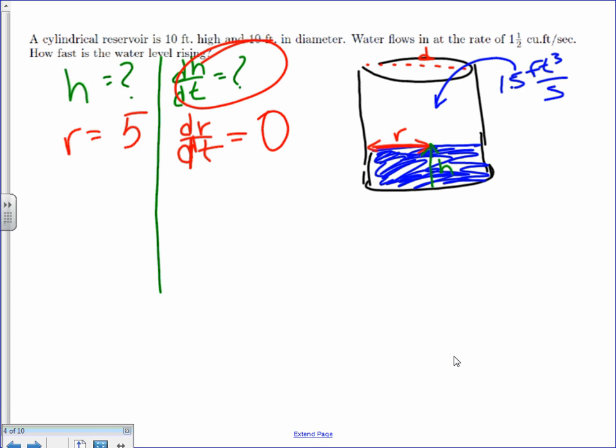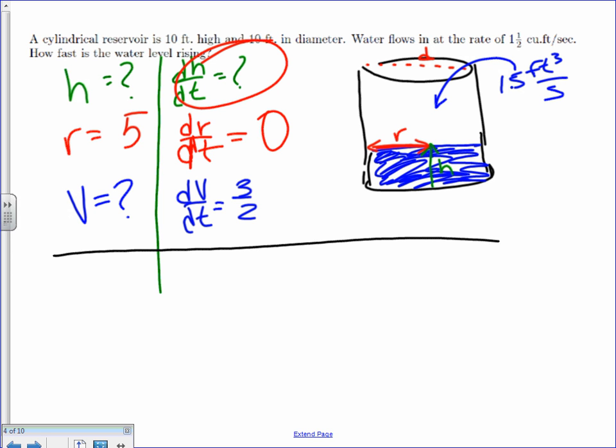Now, I think that's about all the given information I can think of. Oh yeah, we should put this in blue, about the water going in. We know that dV/dt is 3 halves, 1.5, and V, well, I don't really know. Okay, so we've got a lot of information about volume and radius, and we want to know about height. That should lead me right away to think I want to use my volume equation for a cylinder.